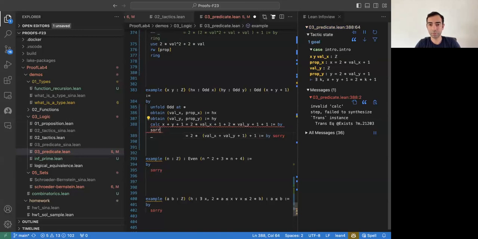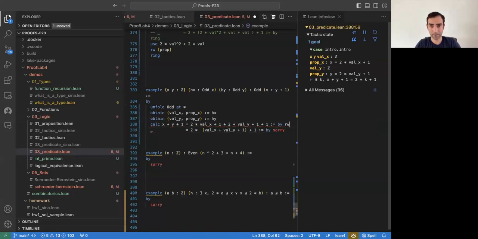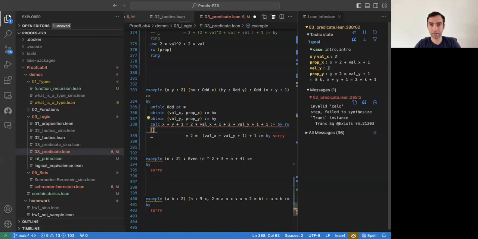So the first sorry should be by rewrite of prop x and prop y, because those are the reasons that this substitution should work. Now, unfortunately, this doesn't work.